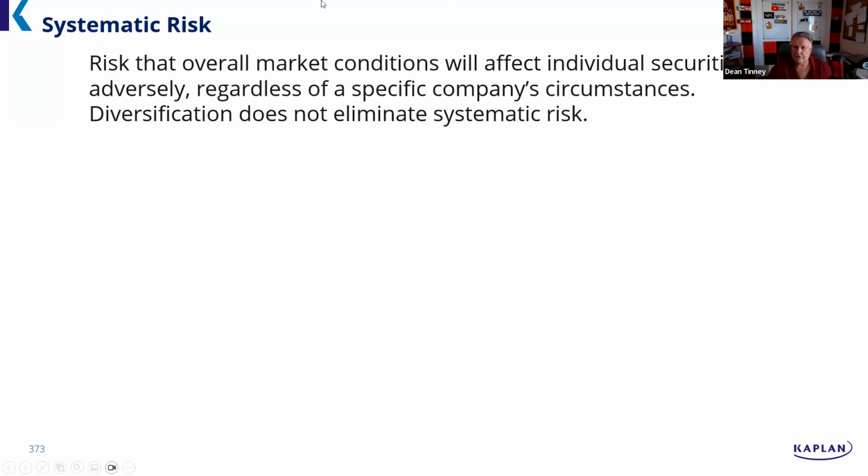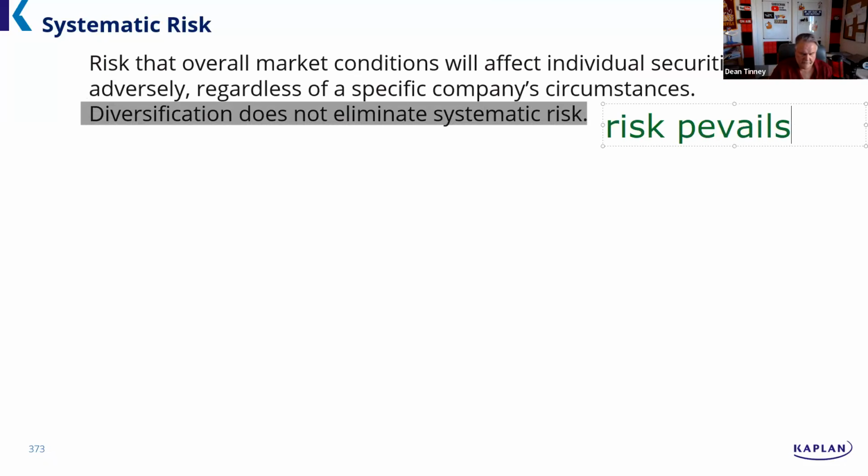And then the test question is to recognize when we're discussing diversification as it relates to systematic risk that it does not eliminate it. The way they say this on the test is that risk prevails despite diversification. So they'd say, what type of risk prevails despite diversification?